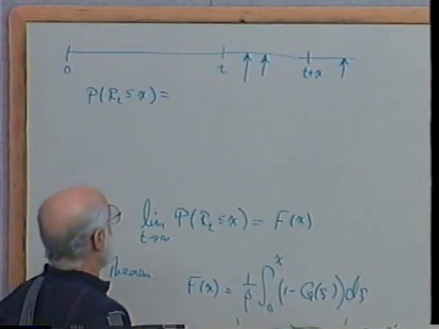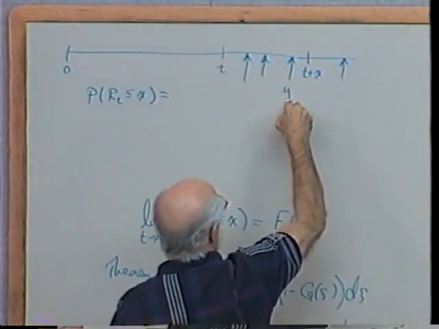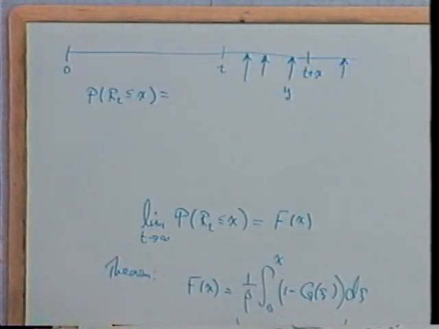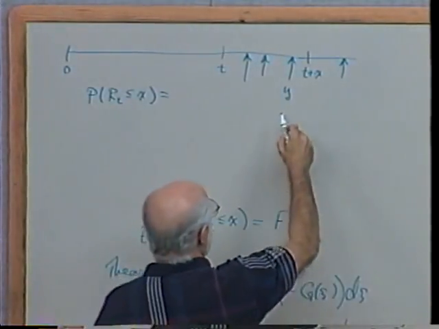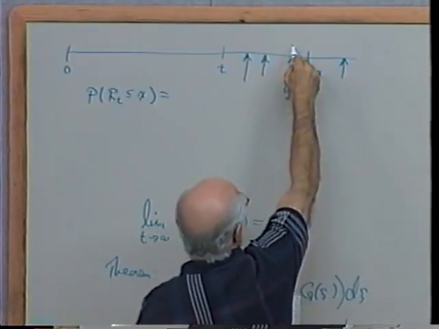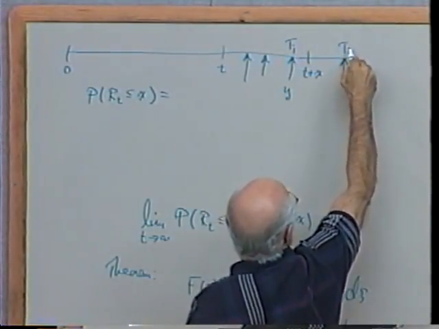Okay, so let's call this last one here, let's say that that occurs at time y. And let's say that that is the jth renewal, which means that that is the jth plus first renewal.